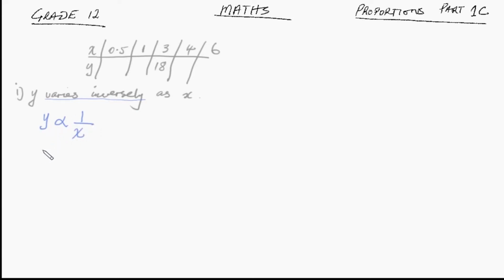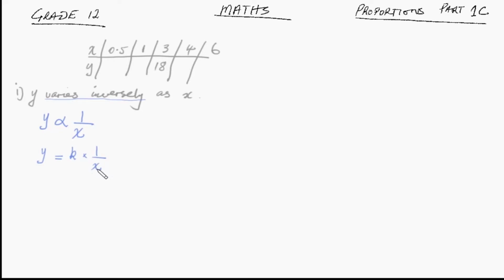So this says y is equal to, we need to put k, times 1 over x. Once you put the equal sign, you must put k and multiply k by what is on the right of this symbol. So that means y is equal to k over x.